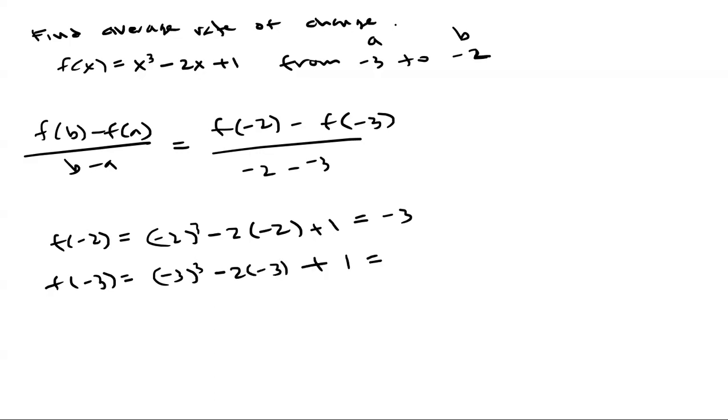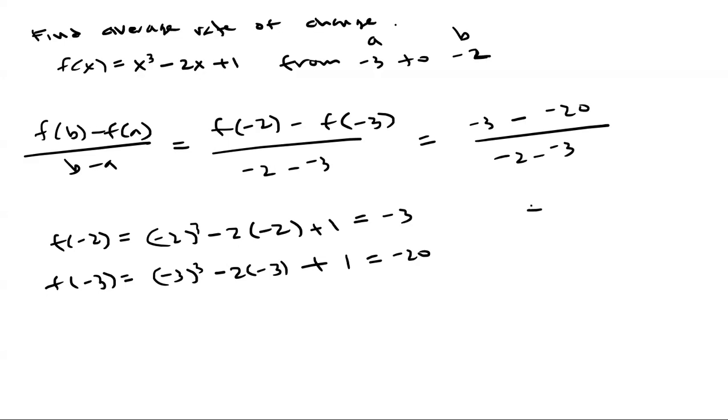If we put that in the calculator, we get negative 20. So we plug that information in: f of negative 2 is negative 3 minus f of negative 3, which is negative 20, and then we have negative 2 minus negative 3.